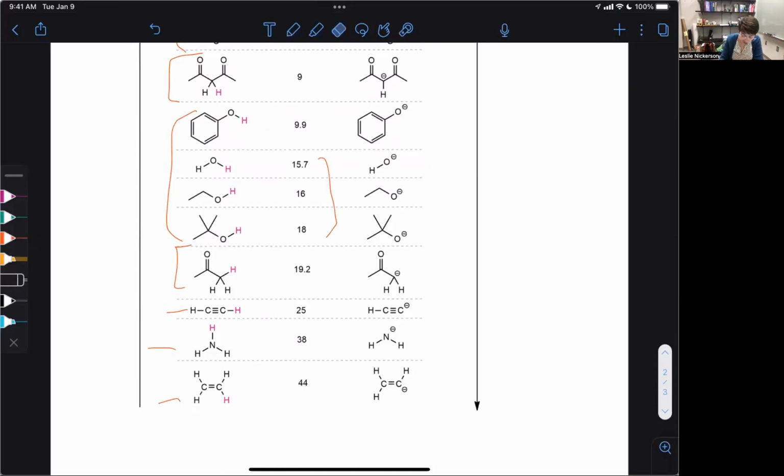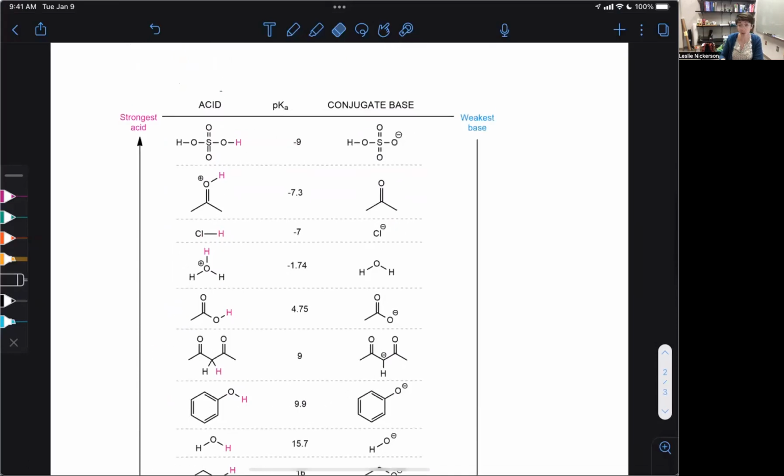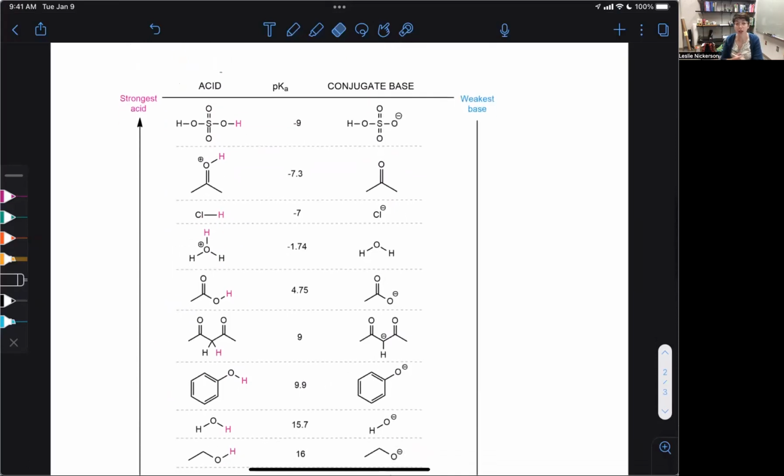So you can still use it as a pretty good guesstimate of the pKa's. And then in class, we'll also talk about the Evans pKa table, which is a much more complete collection of pKa values, but it's a little bit more advanced, but I want to make sure that we have a chance to look at it and play around with it too.